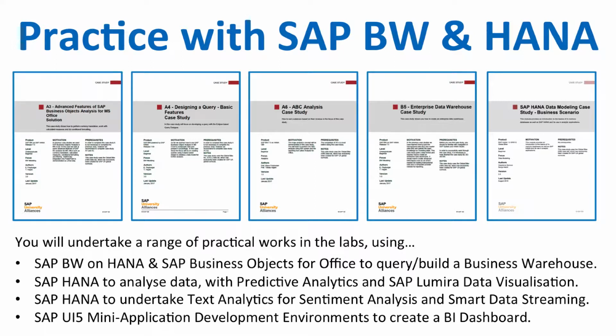So practice with SAP Business Warehouse and HANA. The lab practicals take place in Richmond 105 and adjacent labs or similar labs in the business school. Students are provided with a comprehensive lab workbook printed in colour because the system uses colour-coded buttons and themes that students need to see in colour.